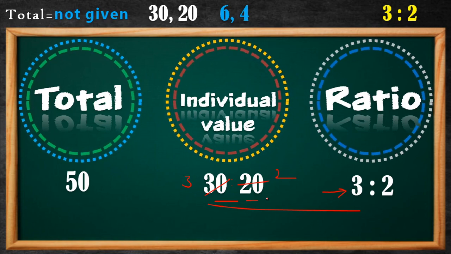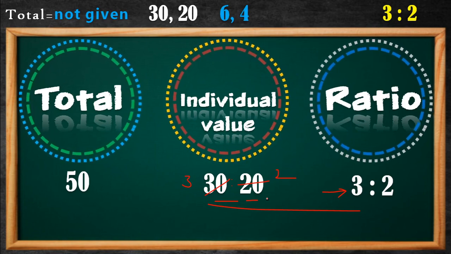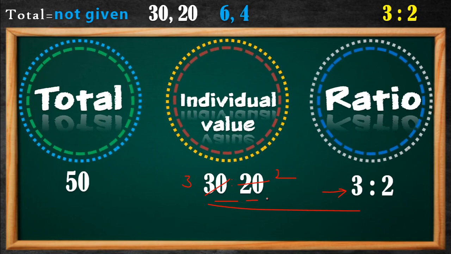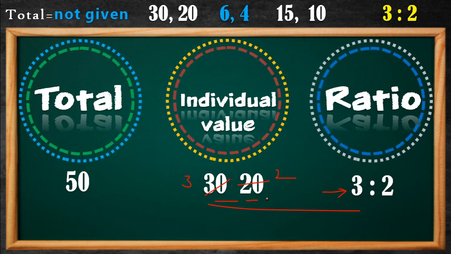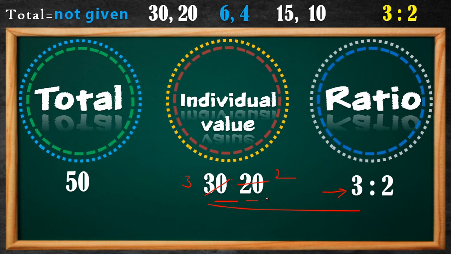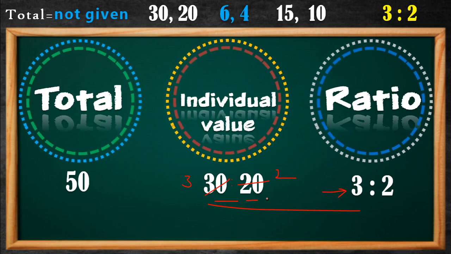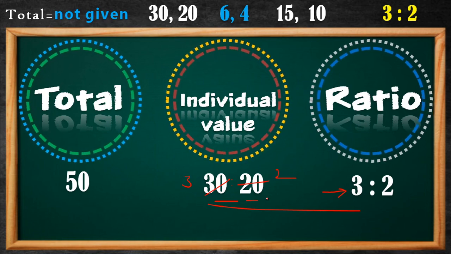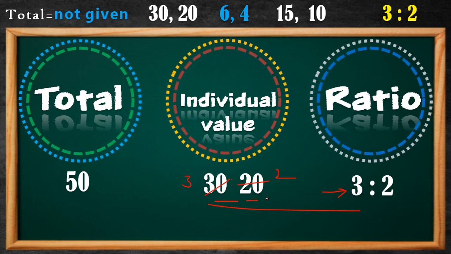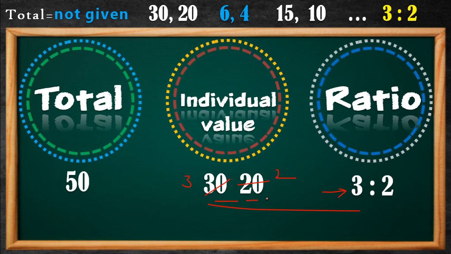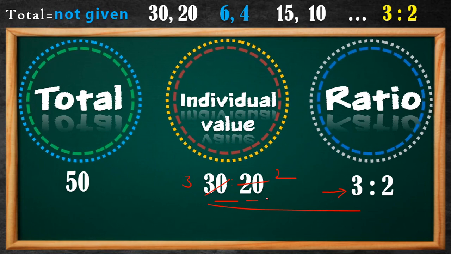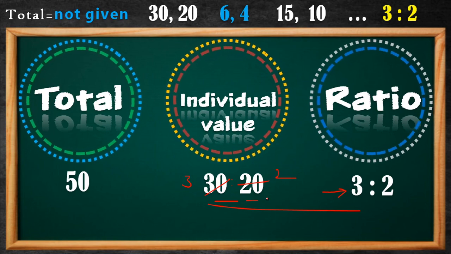If you calculate the ratio of this pair, you'll get 3:2. And there are others also, like 15 and 10, same case, you'll get 3:2, and there are many more. Now it's very difficult to find the exact pair of numbers.